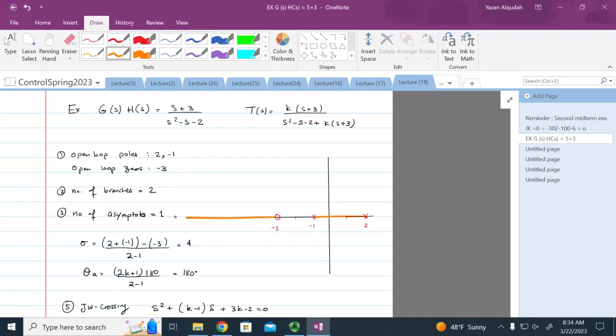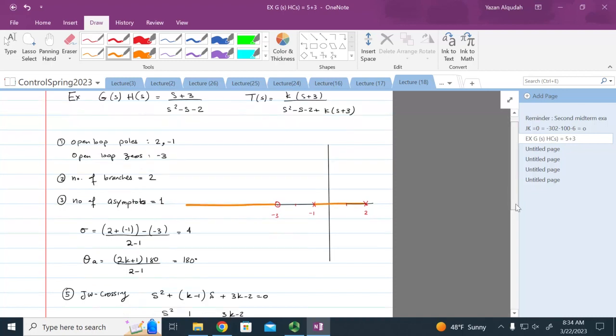We plot the asymptote, which is the branch that we already plotted. What is the value of this sigma here? No value. This sigma has a value if we have more than one asymptote. If there is only one, they're not intercepting anywhere. Make sense?